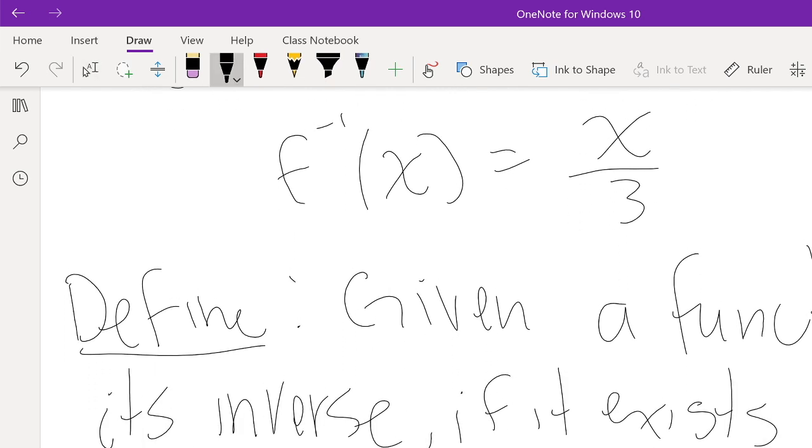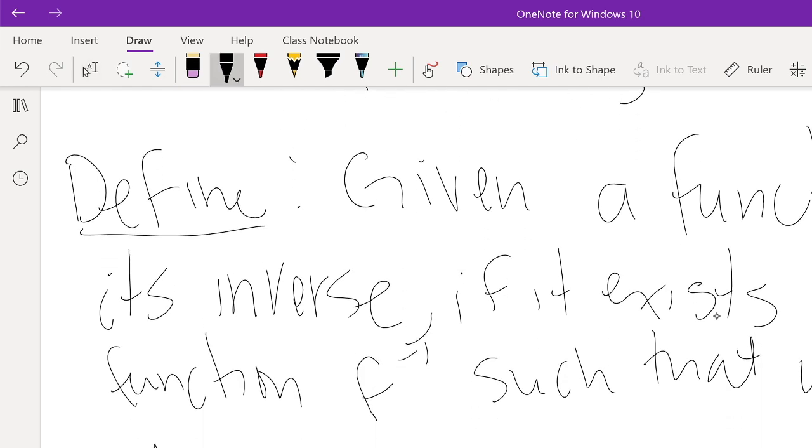whenever y is equal to f of x, then f inverse of y is equal to x.